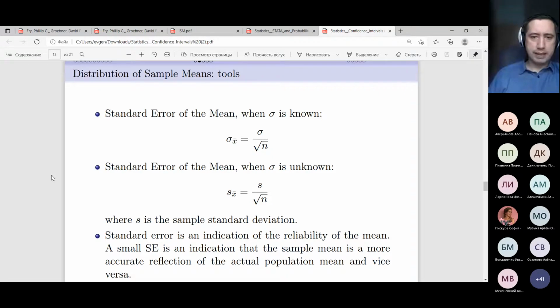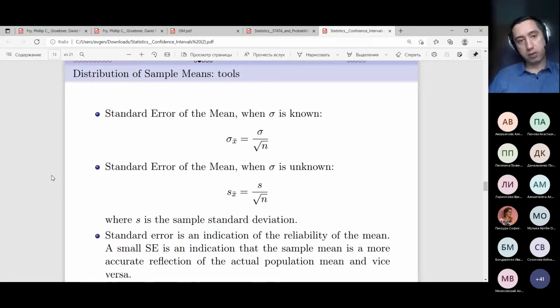So first of all, we use an indicator, the standard error of the mean, to know whether our sample mean is a precise measure of a typical value.